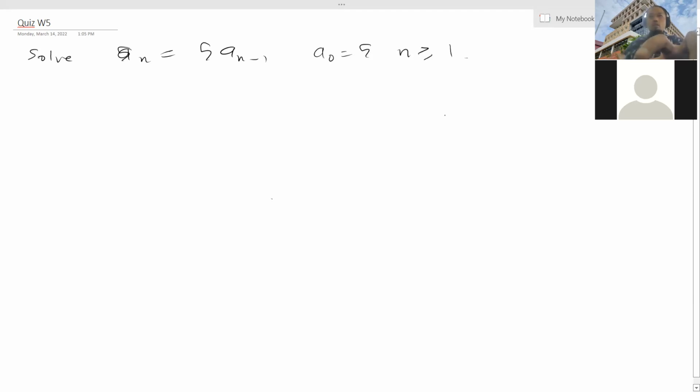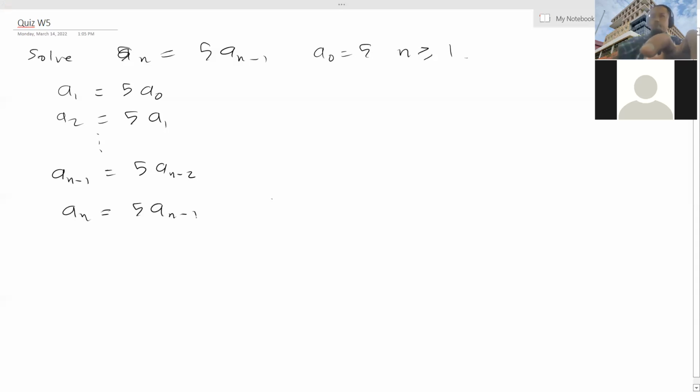So the question was asking what's the form of a_1 up to a_{n-1}. So a_1 is simply 5a_0, and then a_2 is 5a_1, and so on up to a_{n-1}, which is 5a_{n-2}, and of course a_n is 5a_{n-1}.